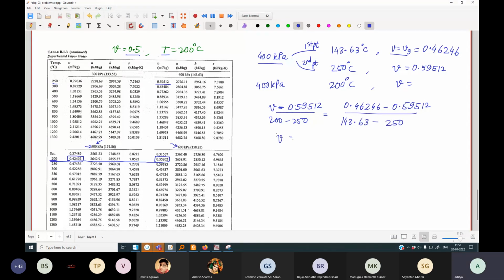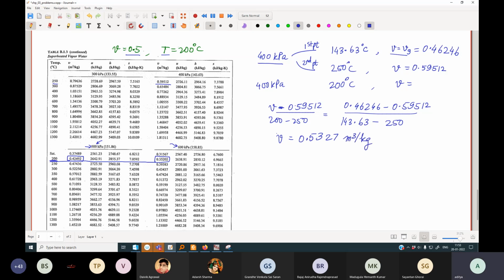So what is the value of V that you get from this? (0.46246 minus 0.59512) divided by (143.63 minus 250), multiplied by (200 minus 250), plus 0.59512. So it comes out to be 0.5327 meter cube per kg.